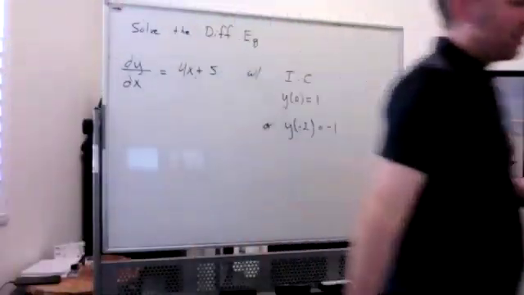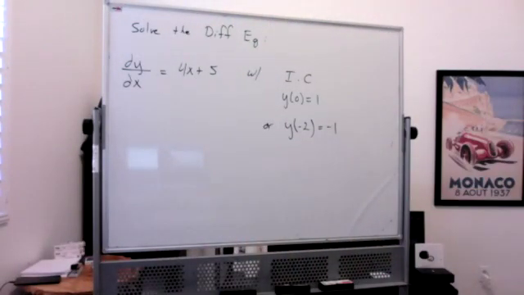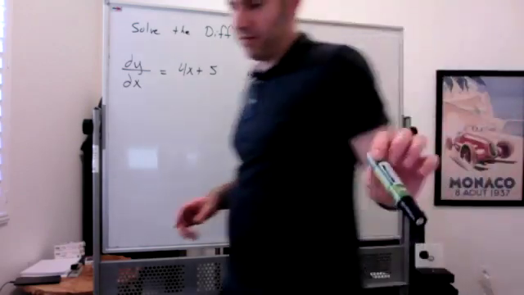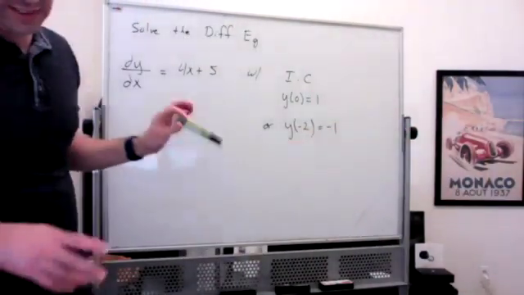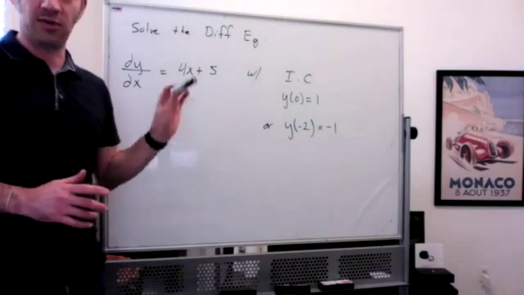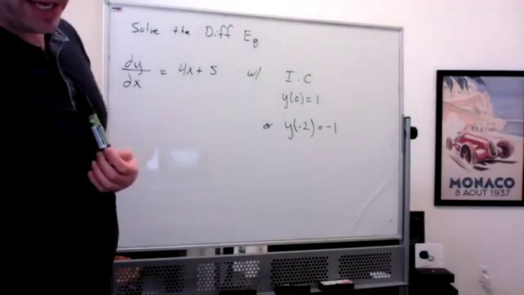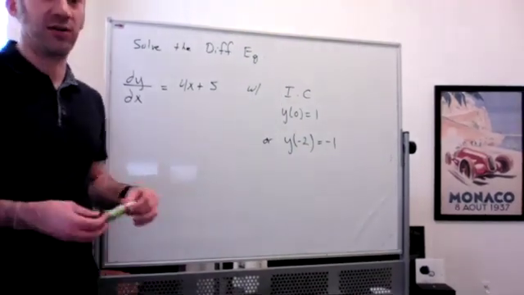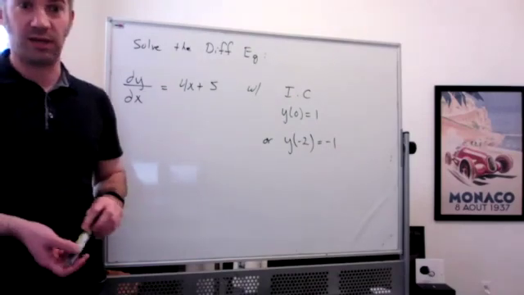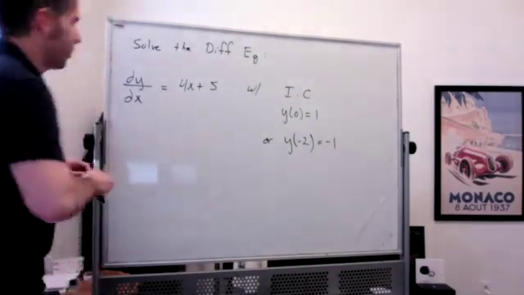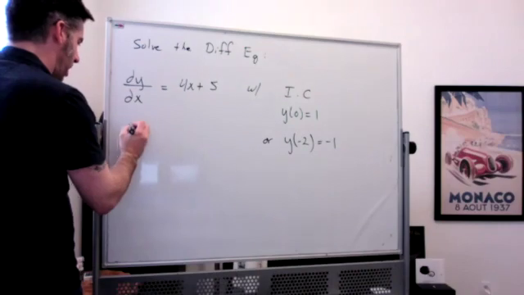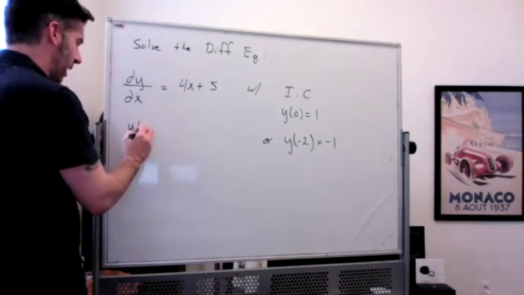Whereas in, I don't know if it's this quarter or next quarter in 17C, but at some point when we get to chapter 7, we will see other types of differential equations that require a little more work to solve. So we're going to anti-differentiate. We're going to get y, or if you prefer y of x, right?